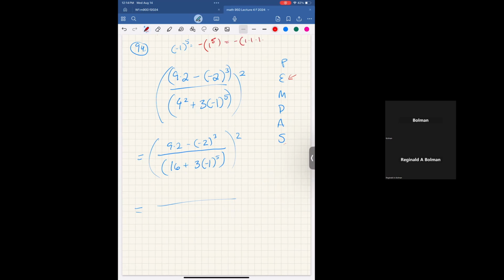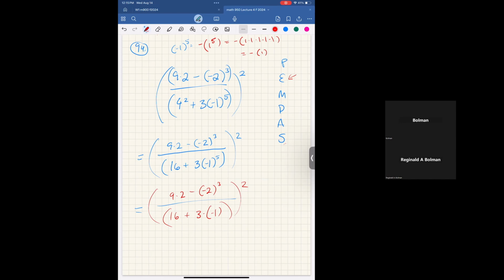Yes, it will be 1 times 1 times 1 times 1 times 1, but whenever you multiply this sequence of ones together with the negative, you just get a -1. So in my denominator, I will write -1 times 3 plus 16, and in my numerator, I will write 9 times 2 minus -2 raised to the 3rd power.